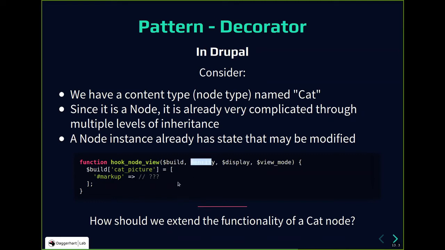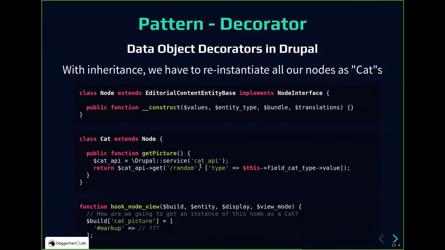So how should we extend the functionality of this entity in such a way that we can easily get our cat picture or other cat data that's not a part of the entity itself? What if we did it through inheritance? In extending node, we would be getting its constructor.